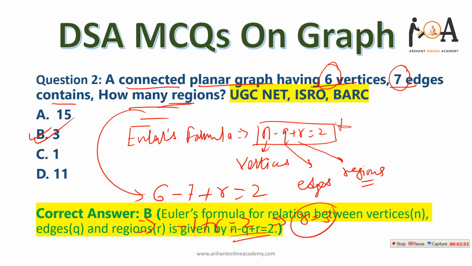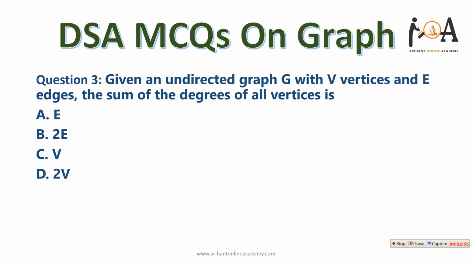This is the formula. The next one is, given an undirected graph G with vertices V and E edges, the sum of degrees of all vertices is. So what is an undirected graph?